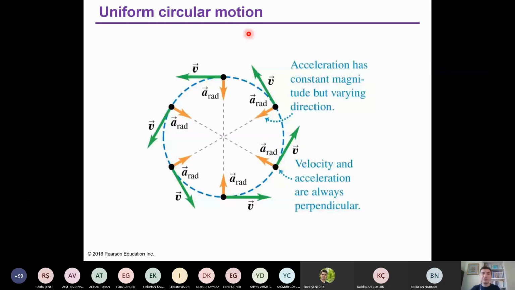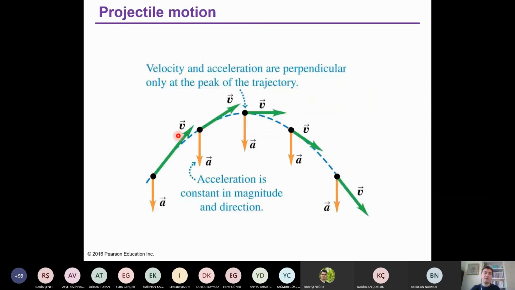Now let's have a look at the direction of velocity and acceleration in projectile motion. What do you see here? We have acceleration in projectile motion. It is given by gravity and it is constant at every point. In addition to that, its direction is also constant.